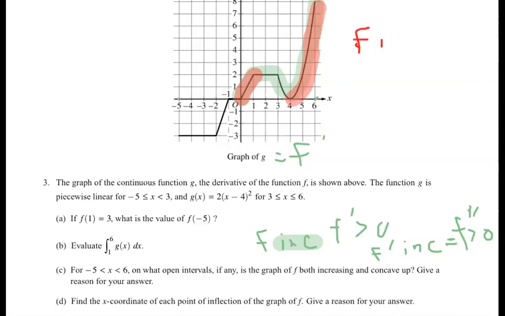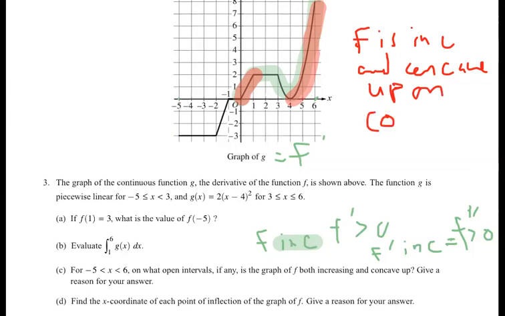So the answer for part C is: f is increasing and concave up on the interval 0 to 1 and 4 to 6.